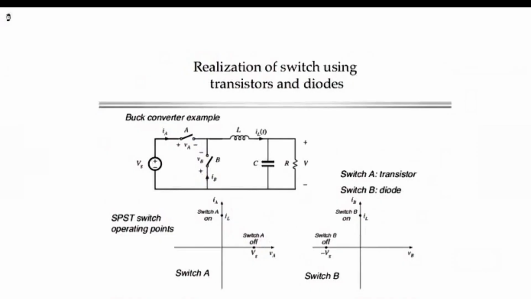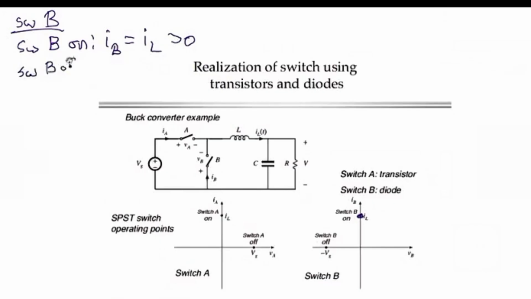So let's consider switch B next. When switch B is turned on, switch A is turned off, and what current does it conduct? With switch B on and switch A off, we can see that IB is equal to IL, and the defined polarities of IB and IL are the same in this case, so it is a positive quantity. So we're conducting positive current.